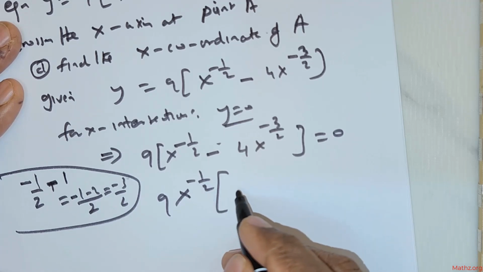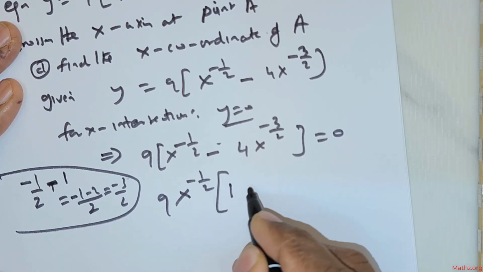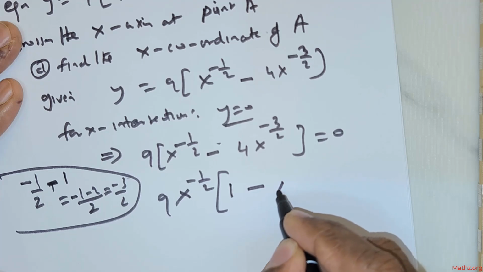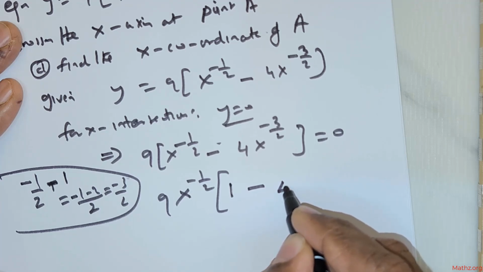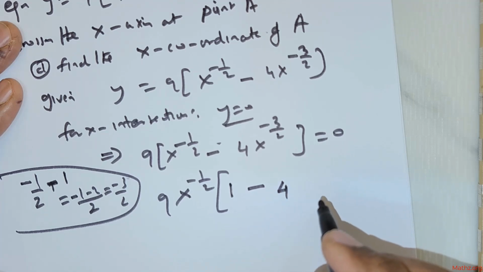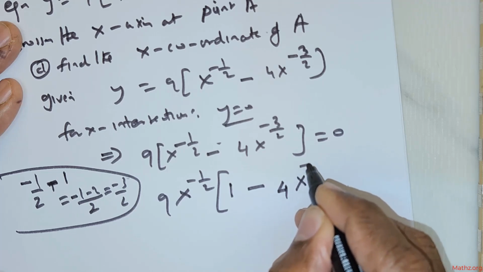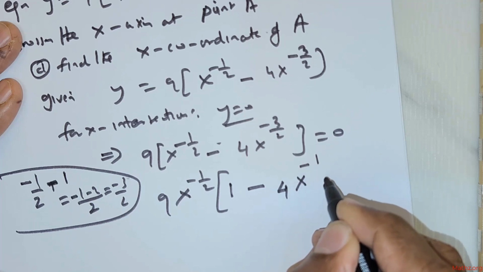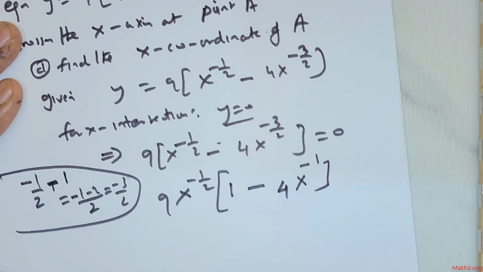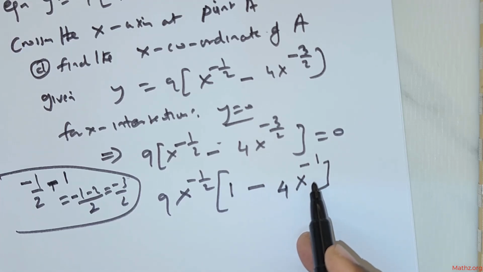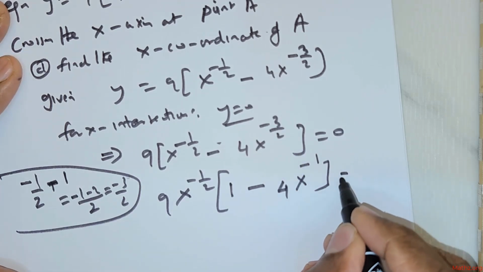So if I were to do that, that would give me 1 here followed by negative 4 times x raised to the power of negative 1 there, because when it goes here, by the law of indices we will get negative 3 over 2.